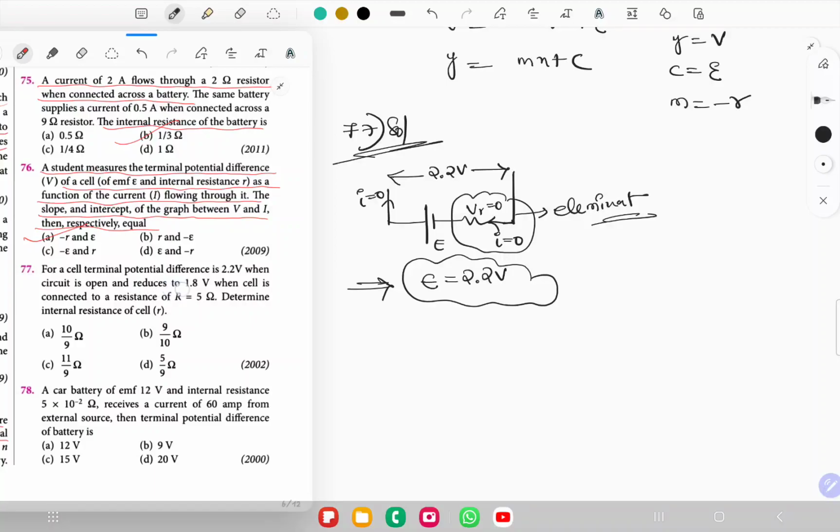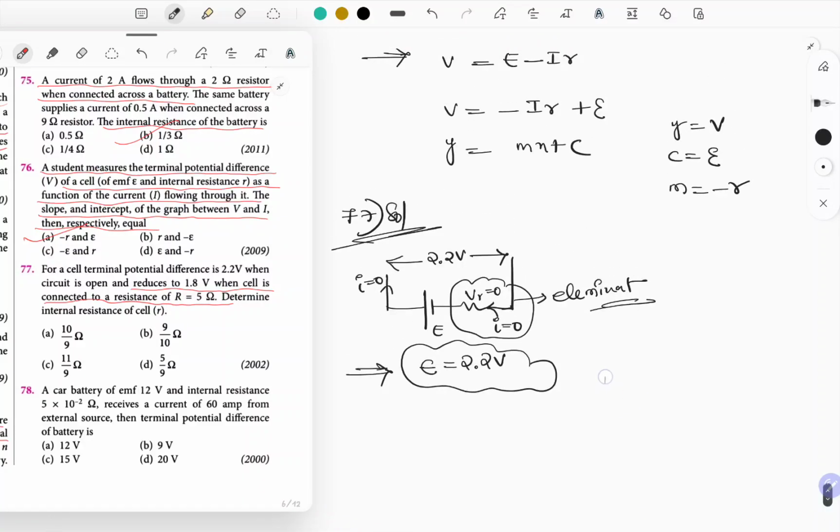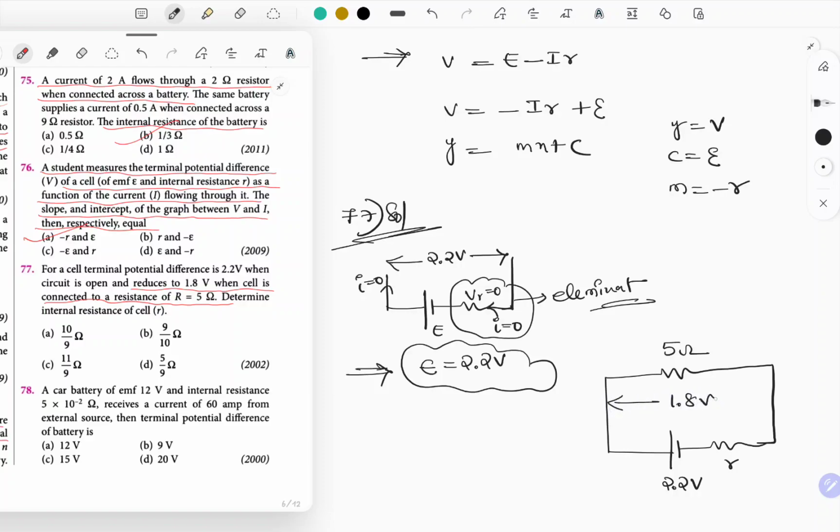It reduces to 1.8 volt when it is connected to a resistance of 5 ohms. Determine the internal resistance. Okay, super. So we're talking about terminal voltage, right? So let's place a resistor of resistance 5 ohm, and EMF of the cell is 2.2 volt, internal resistance let's say R. Now terminal voltage reduces to 1.8 volt.